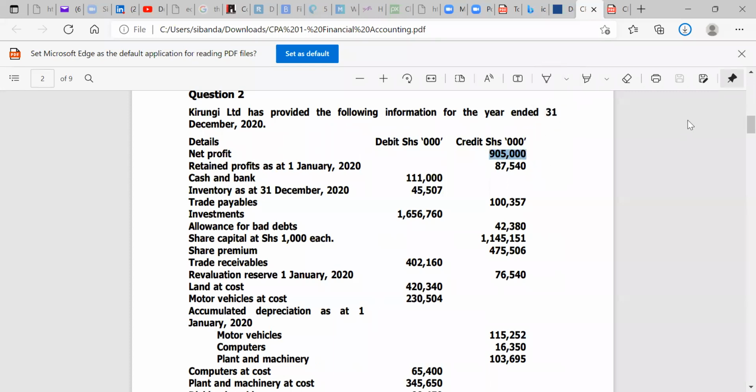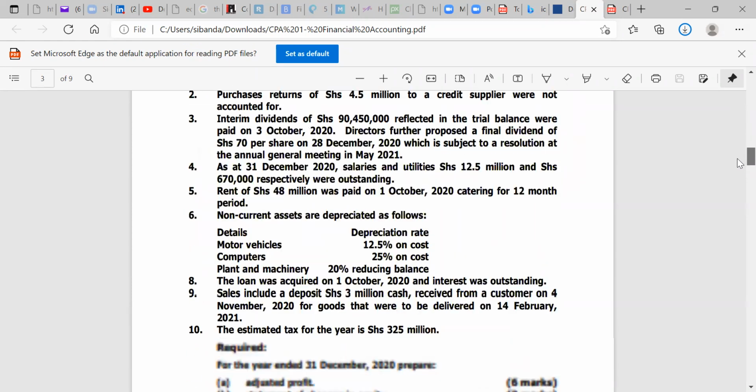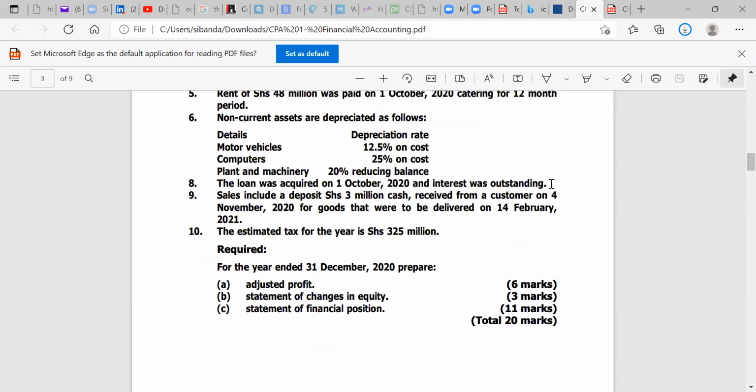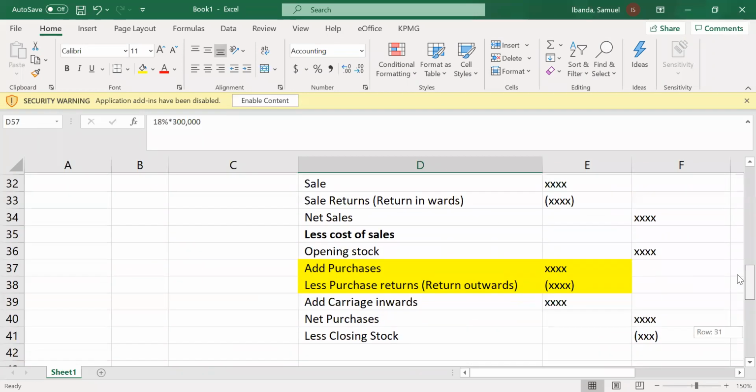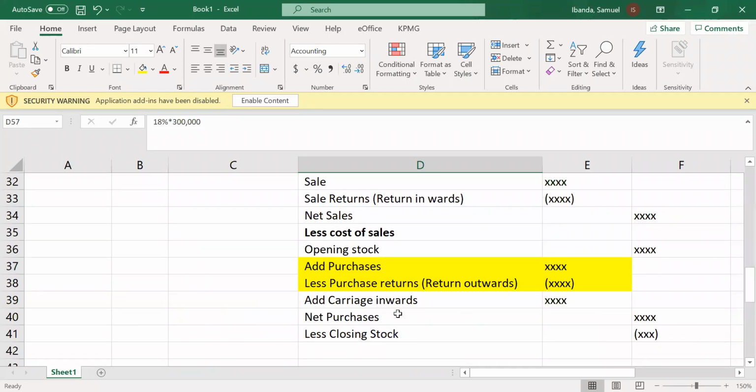So for you to calculate the adjusted profit, you should actually know how to calculate the profit. Remember, I was trying to give you the format of how you calculate your profits here, okay?